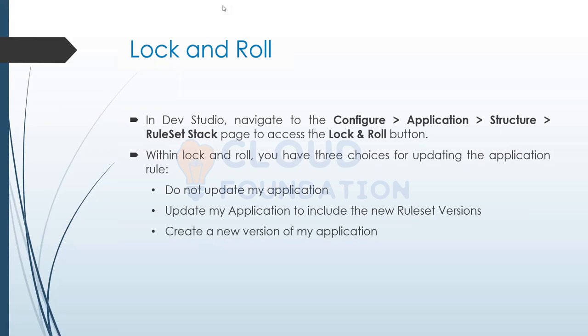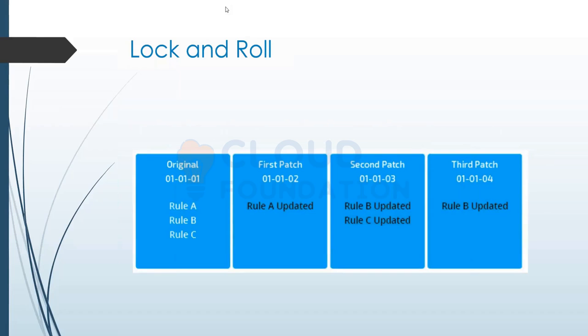Now let me just show this particular thing here. The simple scenario here: the original, the first or the base version, 01-01-01 for example, has three rules: Rule A, Rule B and Rule C. After your initial version, 01-01-02 only has Rule A being updated, whereas Rule B and Rule C are still part of 01-01-01.